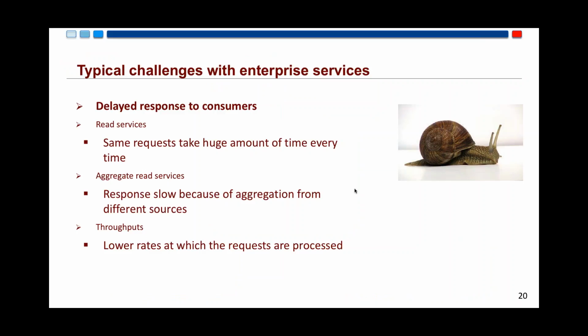With this type of enterprise service, we see all the challenges we discussed earlier: hosting the aggregate services in the ESB with low throughput, slow responses, and the time taken by aggregation in the ESB.